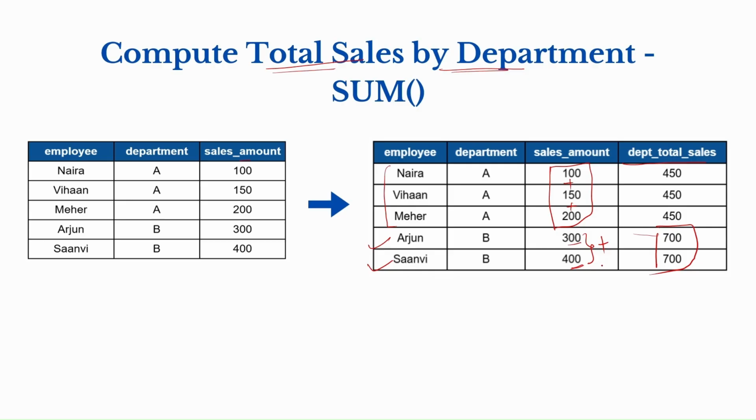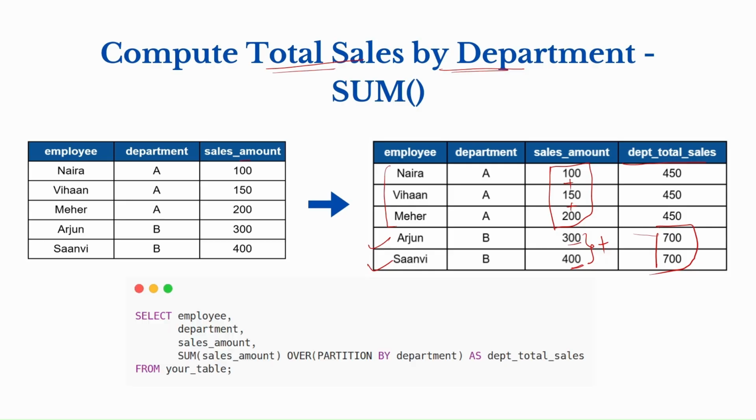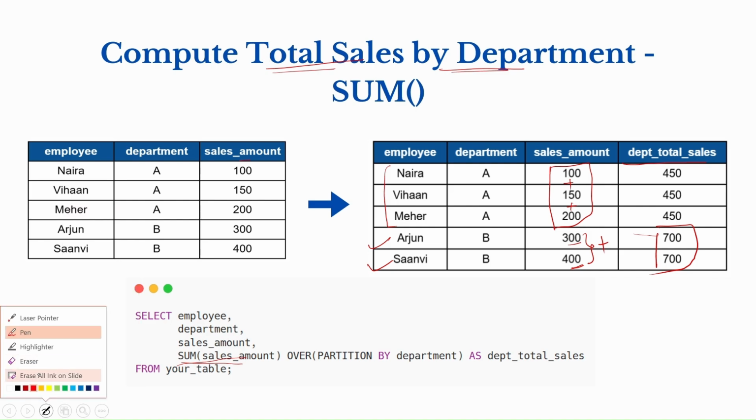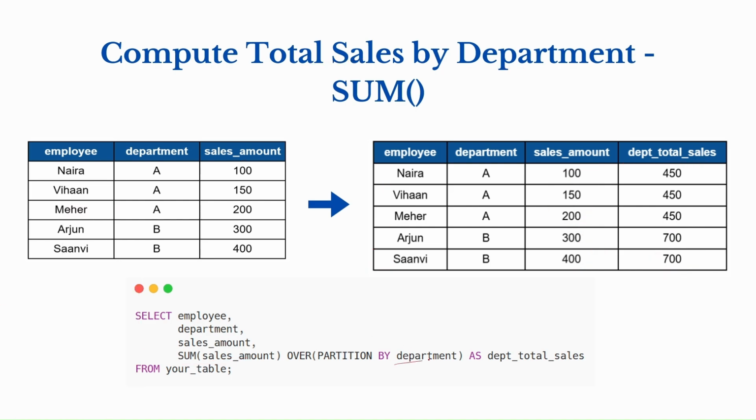So when we write SQL query for this, it would look something like this. So here we are making use of sum window function on the sales amount column. We just want to compute the total sales. That's why we are making use of sum window function on the sales amount column. And here we are doing the partition by clause on the department column.